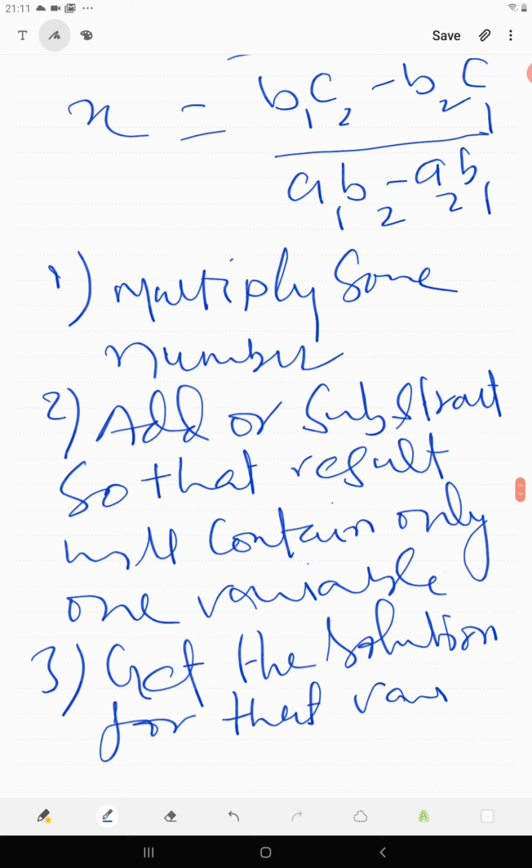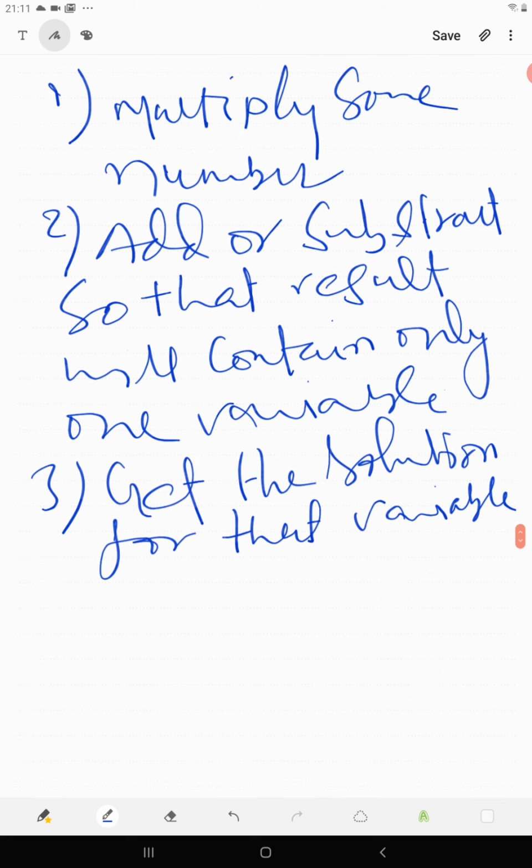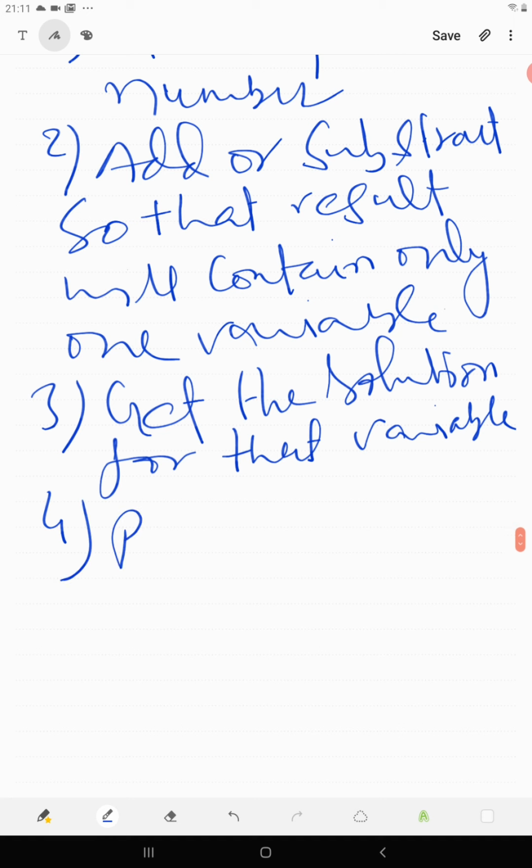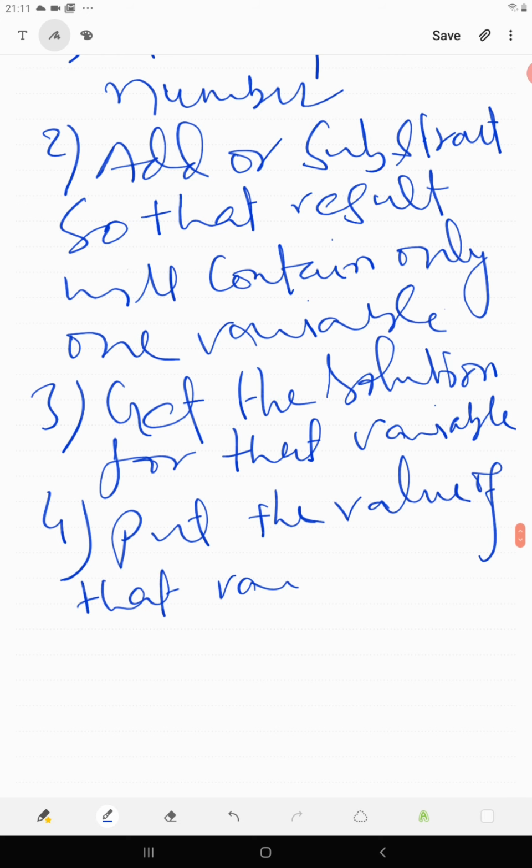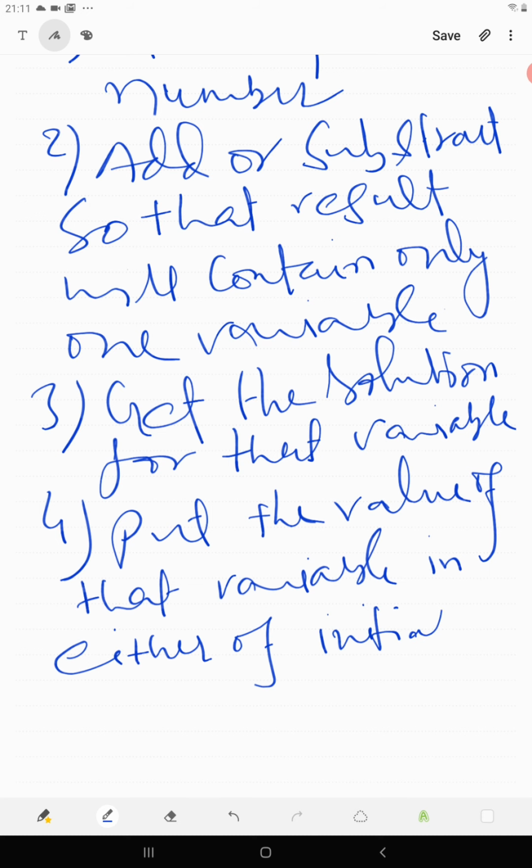And fourth is put the value of that variable in either of the initial two equations.